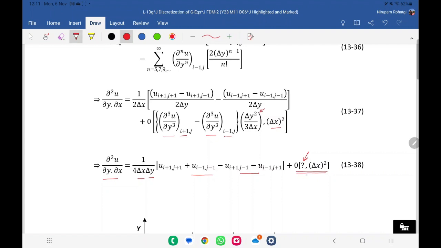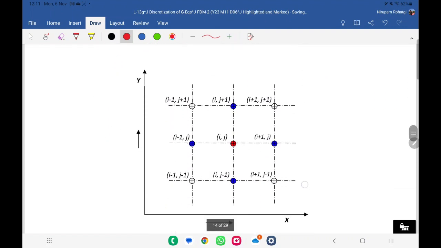So there is an error because of delta y, there is an error because of delta x. We are finding mixed derivative. So delta y will also lead to some error, delta x will also lead to some error, and we are leaving out that. But interesting thing is that the second derivative at this point is found in terms of these neighboring.